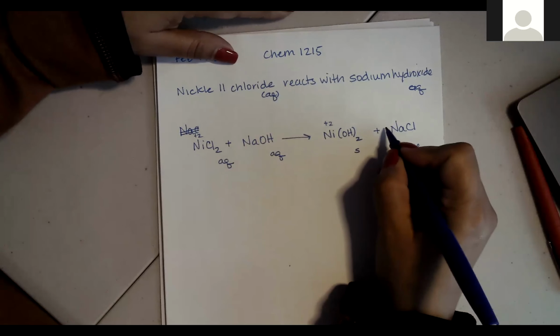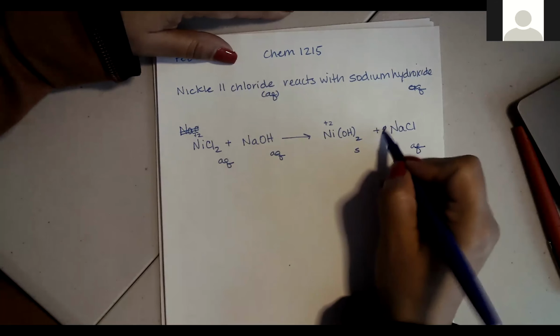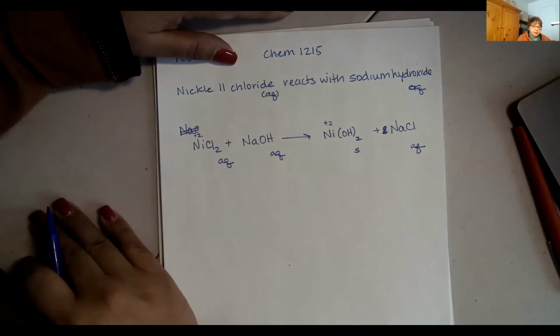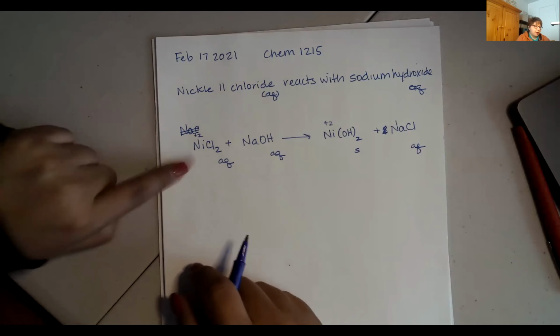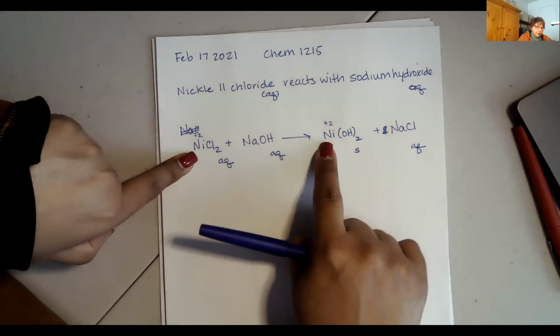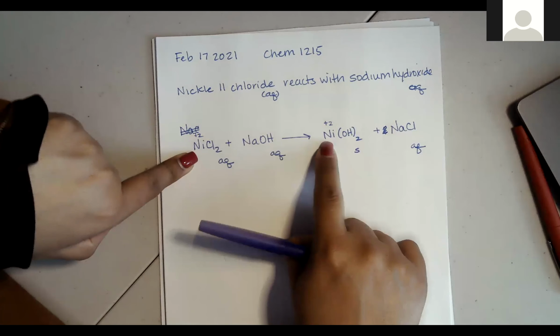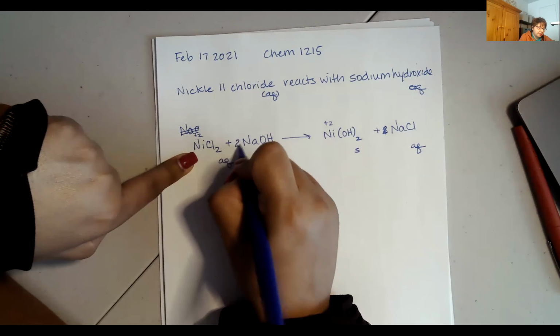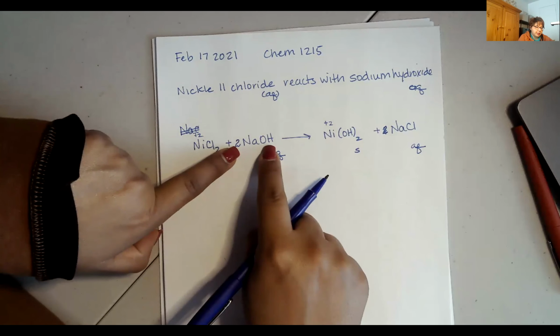Put a 2 here. Okay. I've got one nickel on this side, one nickel on this side. You need 2 sodium hydroxides on the reactant side, because that will give me 2 hydroxides.